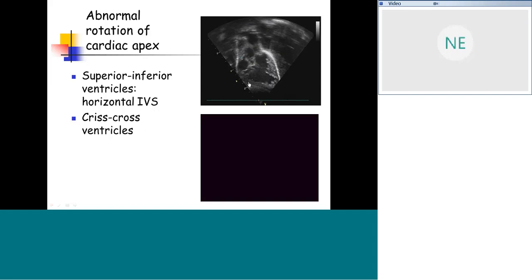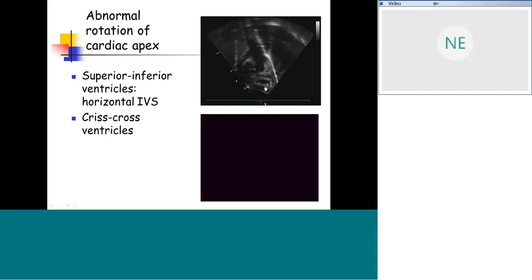And the interventricular septum is more horizontal than vertical. In this situation, you can see in the first figure, the right ventricle is superior to the left ventricle. I would say the usual dictum is the right ventricle being superior whenever you have superior-inferior ventricles.